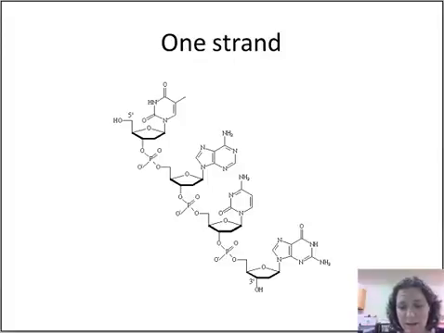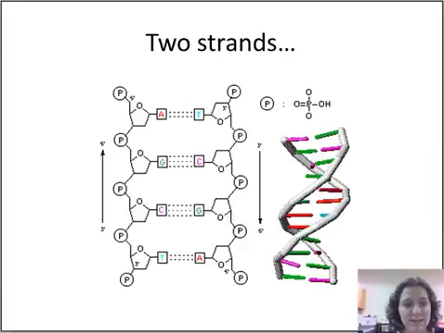Now let's take a look at the two strands together. Okay? They call this orientation or conformation an anti-parallel conformation. Parallel because the backbones are parallel to each other. You can see it here. We go sugar, phosphate, and then the nitrogenous bases.